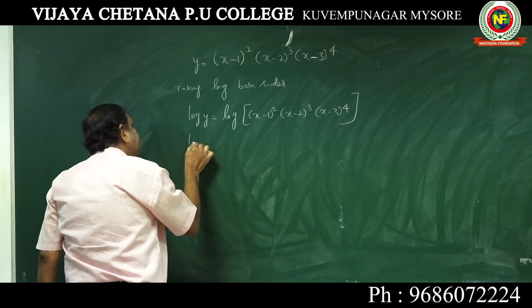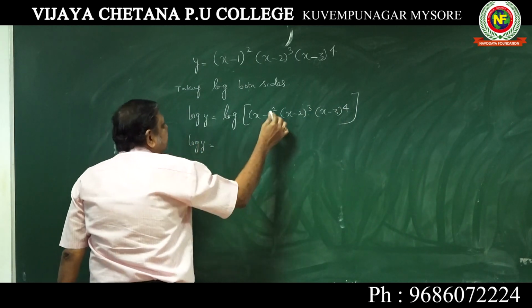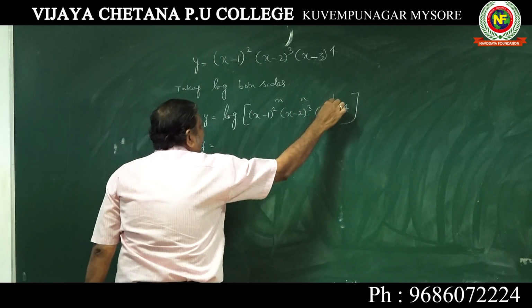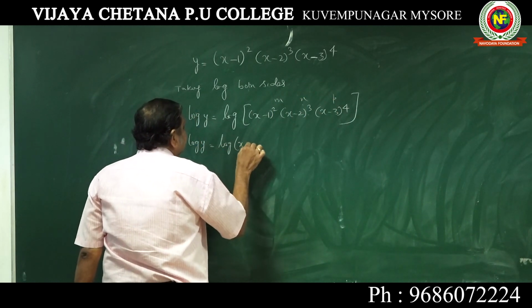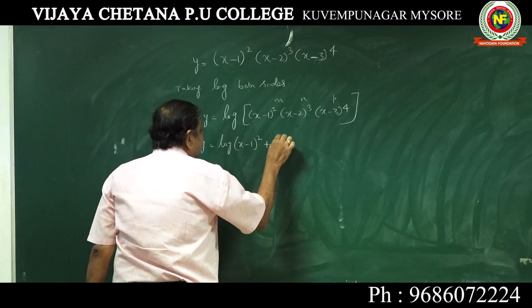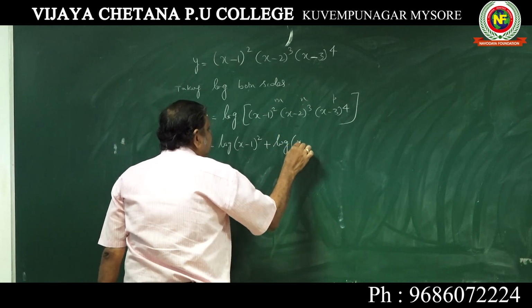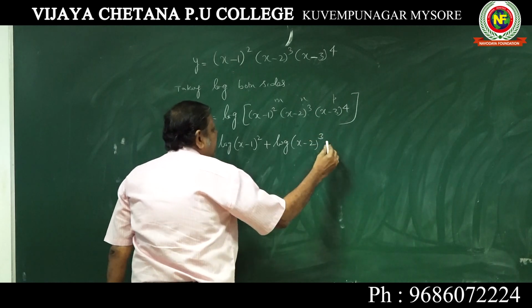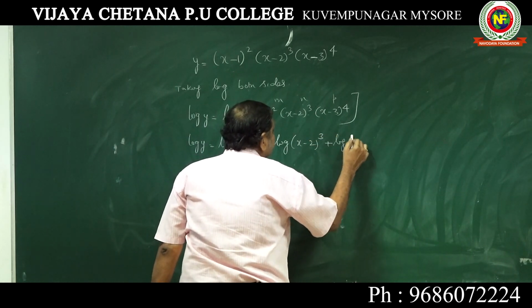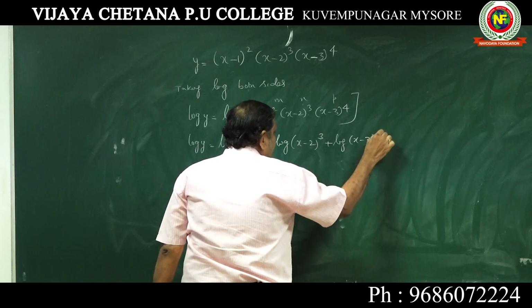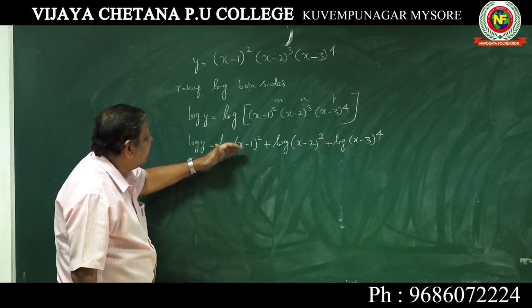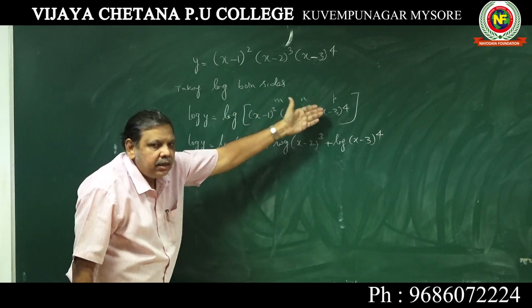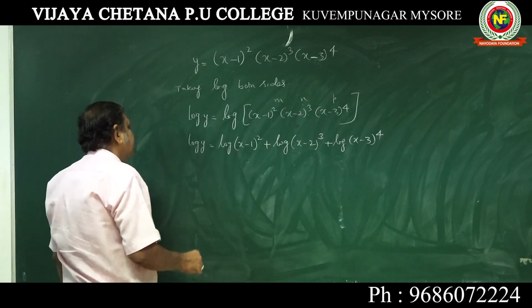So log y is equal to log of (x minus 1) whole square plus log of (x minus 2) whole cube plus log of (x minus 3) whole to the power of 4. We are taking logarithms and adding log m plus log n plus log p.